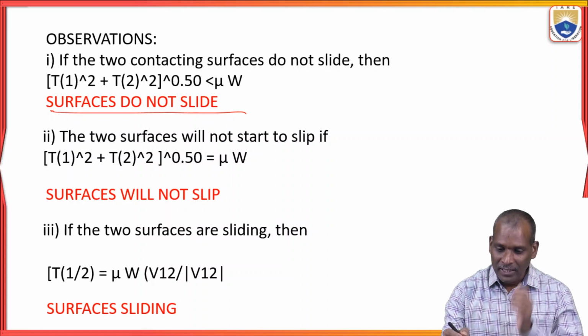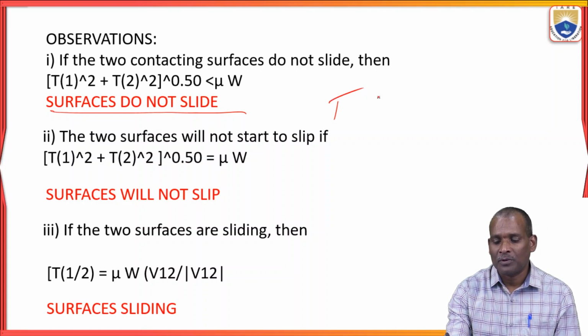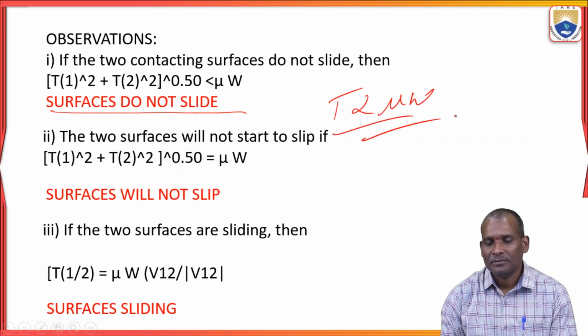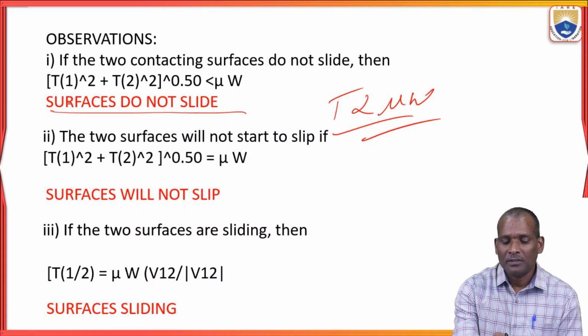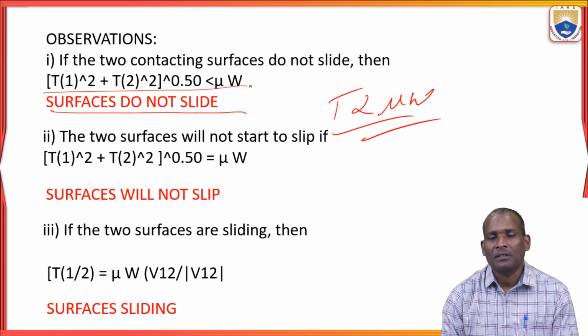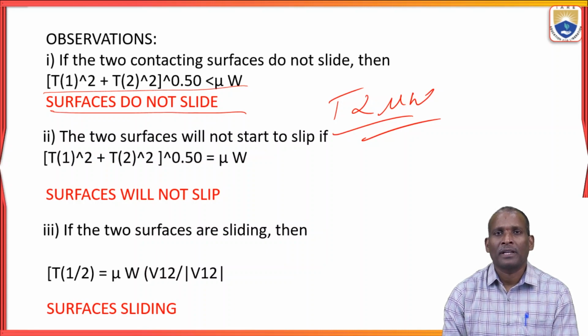In the two-dimensional case, the frictional resistance force T is less than mu W. But in three dimensions, by using this relation, you can state that the surfaces do not slide.